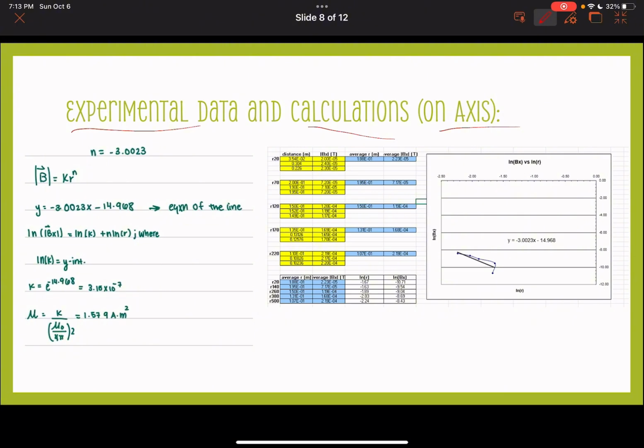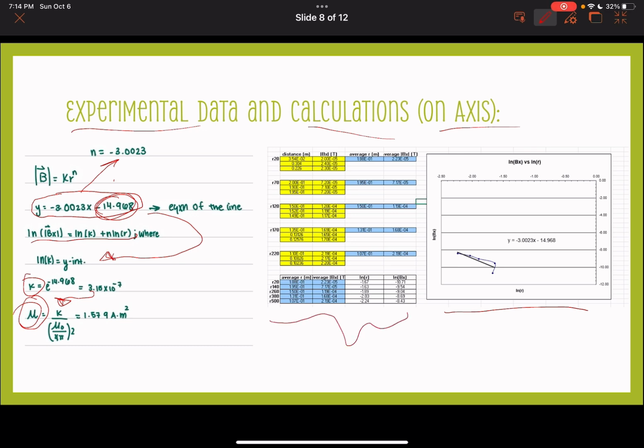We get that our equation of the line is this here, and we get that our n is -3, and we're going to plug this y-intercept into this formula, which is going to give us mu. When we get k, we plug it in here, and it gives us mu, which is 1.579 amps times meter squared. This is the graph we got, and these are all of our data points.